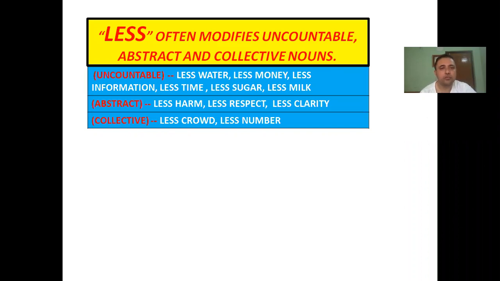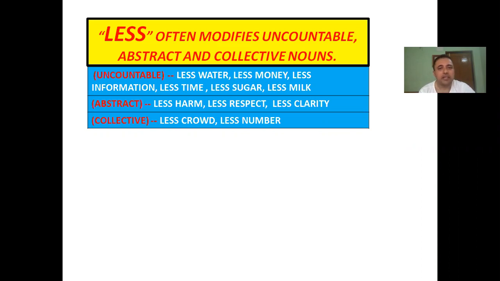Less often modifies uncountable, abstract, and collective nouns. Have a look at the examples on your screen. Less water, less money, less information, less time, less sugar, less milk. They are all uncountable nouns, so they will require less for comparison.